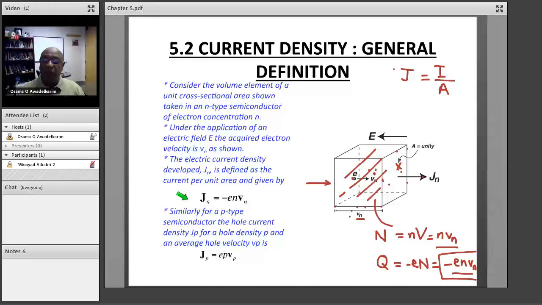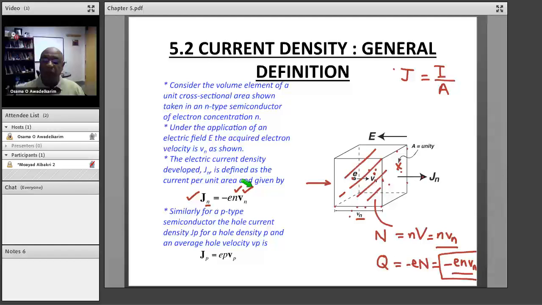So it is J. So the current density of electrons, n for negative, that goes out of this box is minus E n, where n is the density of free electrons, times Vn, where Vn is the velocity.